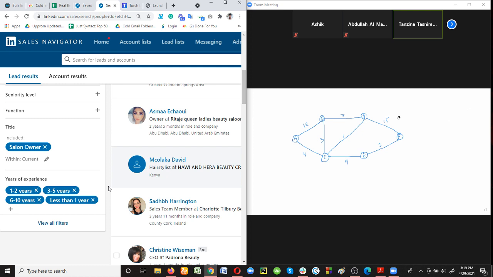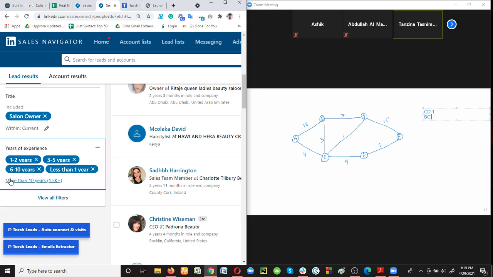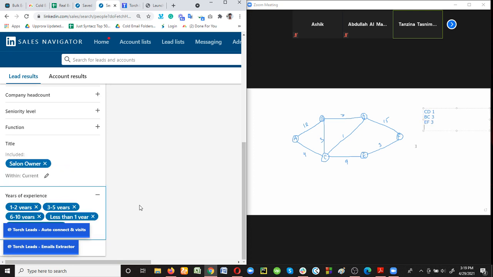So here we can write all the edges along with their weights. CD and its weight is 1. Then the next one will be BC or EF. BC has weight 3, and for EF the weight is the same, 3. Which one will be next? AC, with weight 4.